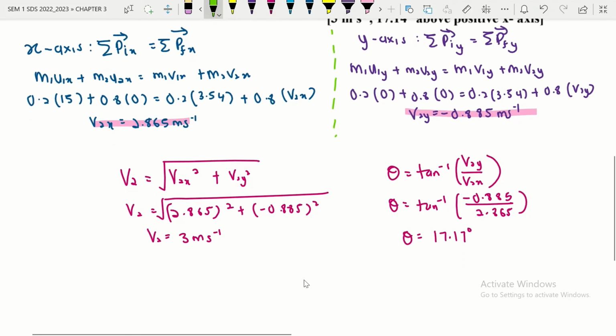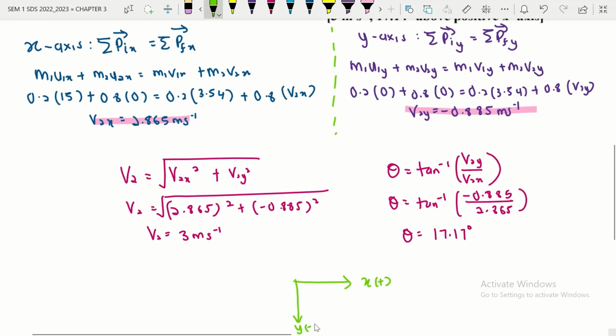So kalau x positif meaning dia adalah to the right, so ini x positif. Kalau y dia negatif meaning dia ke bawah, so ini adalah y negatif. And from here kita dah tahu angle dia akan berada pada x axis 17.17 degree. So ini adalah kuadran yang keempat.